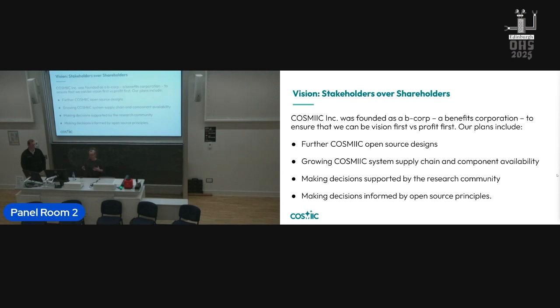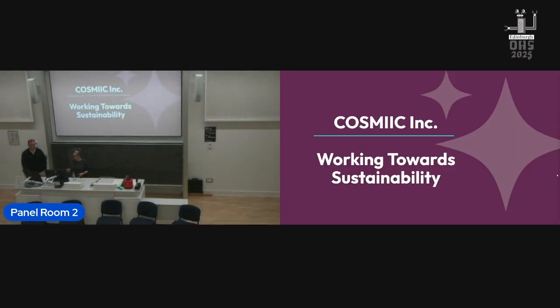The vision behind Cosmic Inc. was founded as a B Corp, a benefits corporation. That ensures that we can be vision first versus profit first. Our plans include more open source designs, making sure that our supply chain is transparent, making sure that our decisions are supported by our user base, which is the research community, and making sure that those decisions are also informed by open source principles.